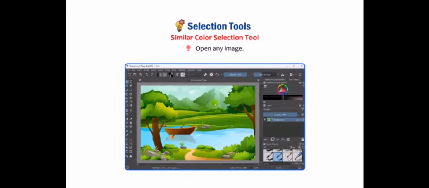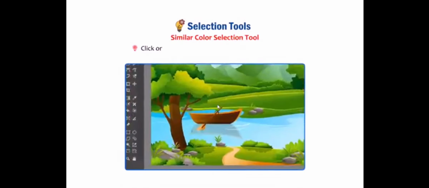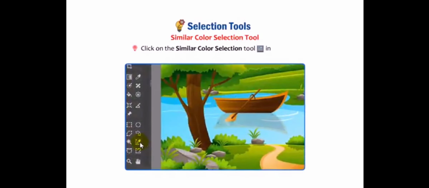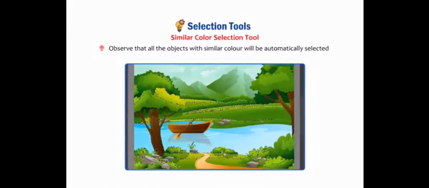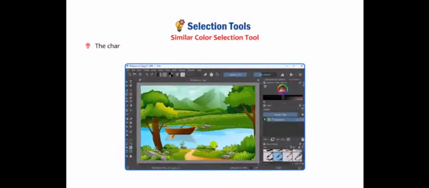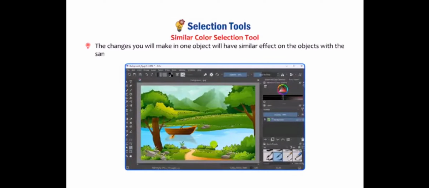Open any image. Click on the similar color selection tool in the toolbox. Click on any point of the color in the image. Observe that all the objects with similar color will be automatically selected. The changes you make in one object will have a similar effect on the objects with the same color.